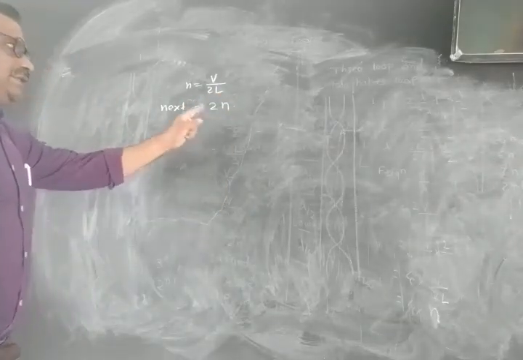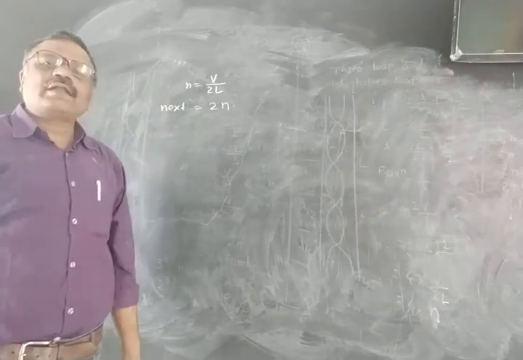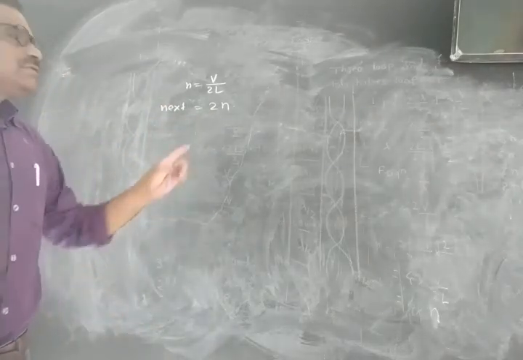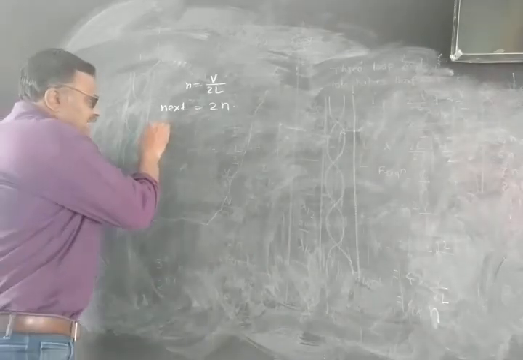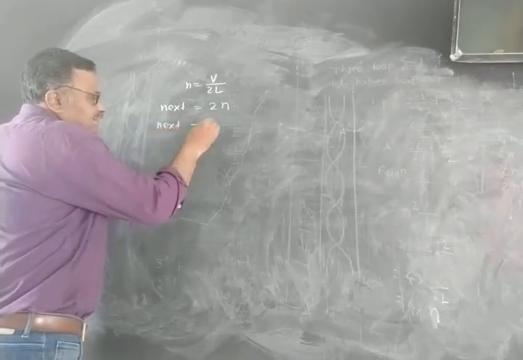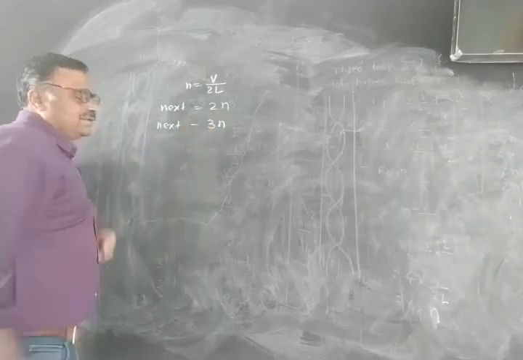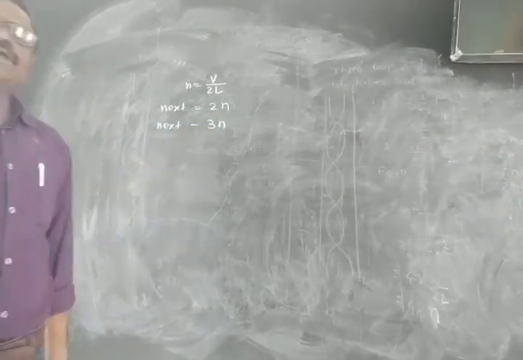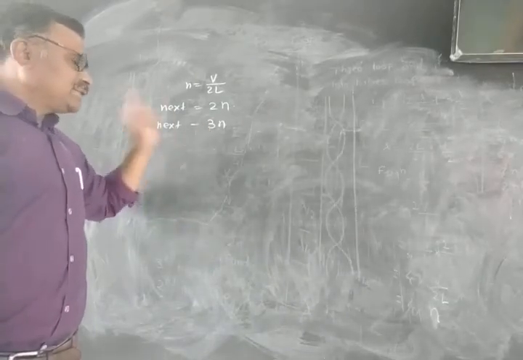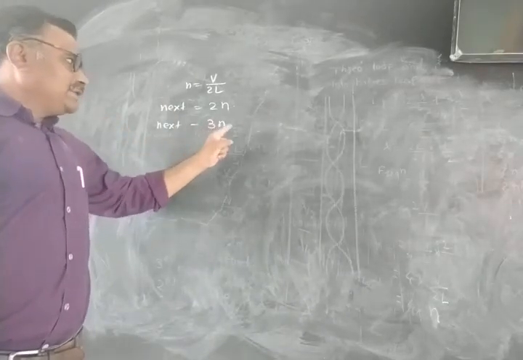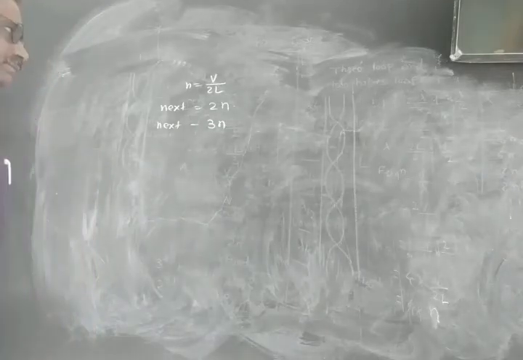This frequency is known as frequency of second harmonic, or first overtone. Next higher frequency is 3 times N, 3 times fundamental frequency, known as frequency of third harmonic or second overtone.